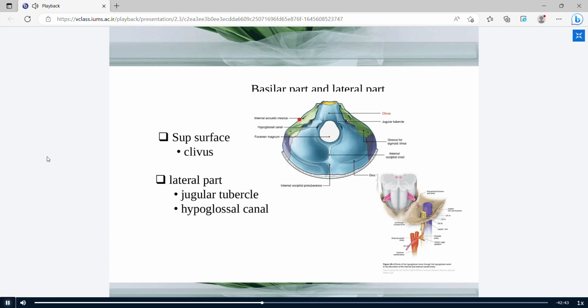And in this slide, you can see the lateral part of the occipital bone on the internal surface. In the internal surface, there is a tubercle, the jugular tubercle, and you can see a foramen, the hypoglossal canal or hypoglossal foramen, for passing the hypoglossal nerve.